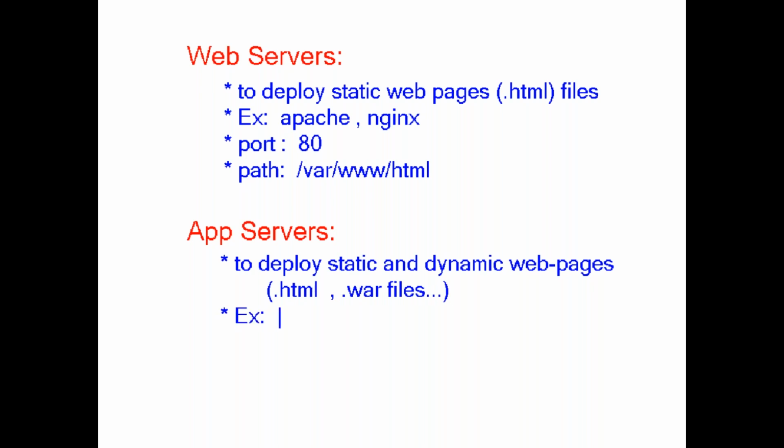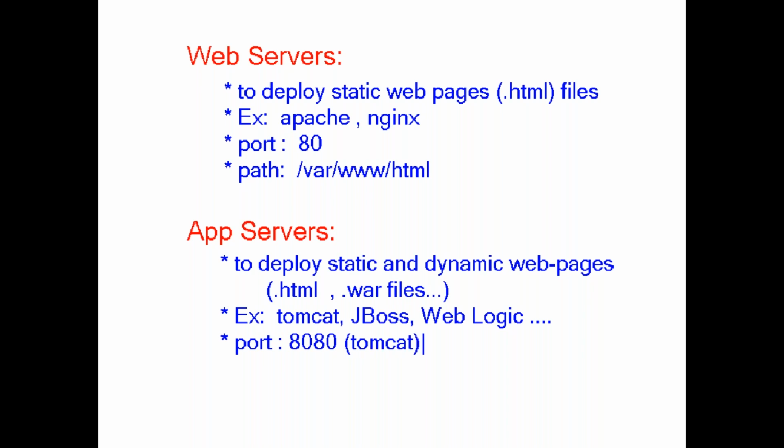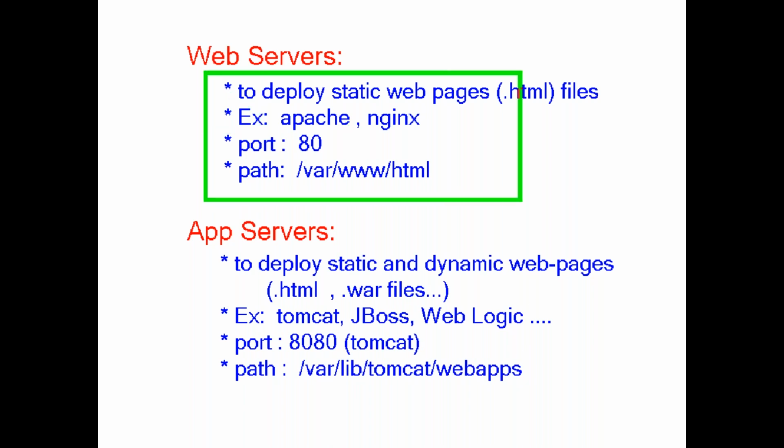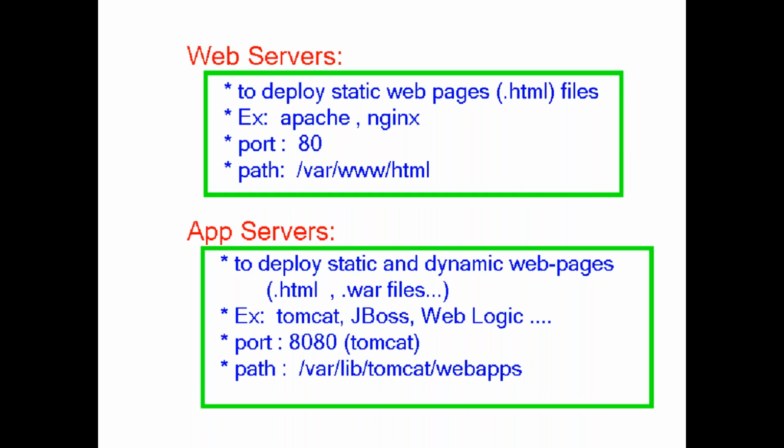Some examples are Tomcat, JBoss, WebLogic, and WebSphere. We saw ports like 8080 for Tomcat, and the deployment path for Tomcat is /var/lib/tomcat/webapps, right? So we have different deployment paths and ports for these web servers and app servers.